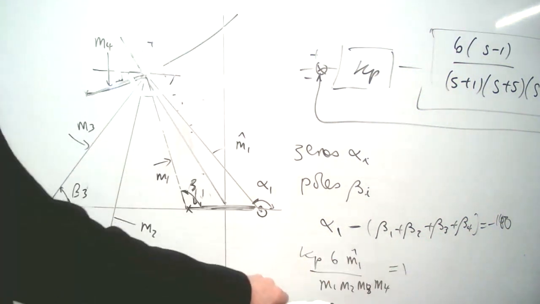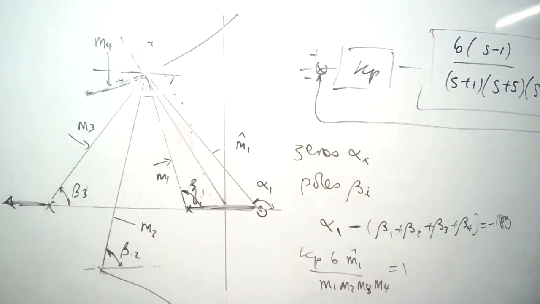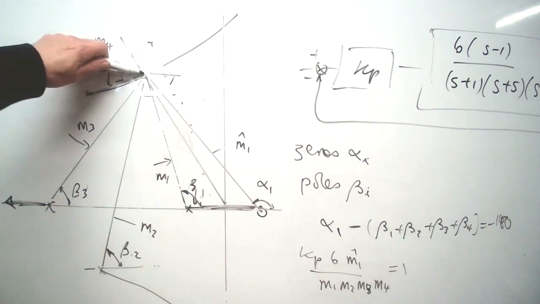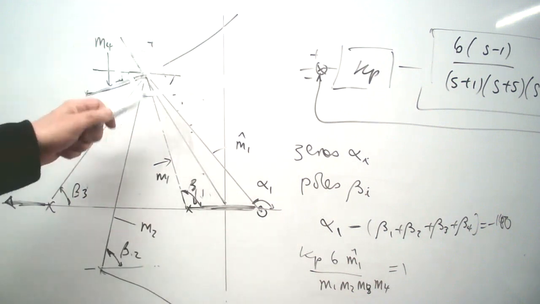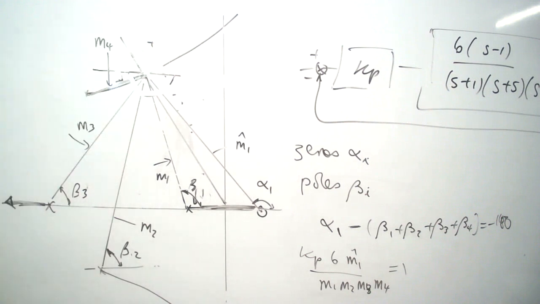So this is exactly the same equation, you're just sticking different numbers in. And then that'll give you a Kp, which will give you the gain at this point, which will give you the damping ratio on the complex roots of 0.5. And that'll be part C, and that's good for another 6 marks.